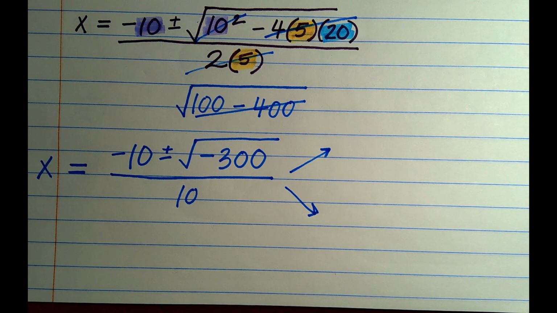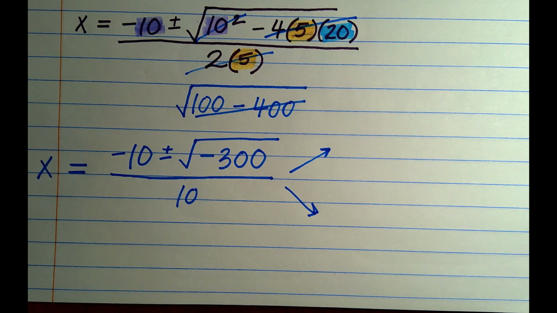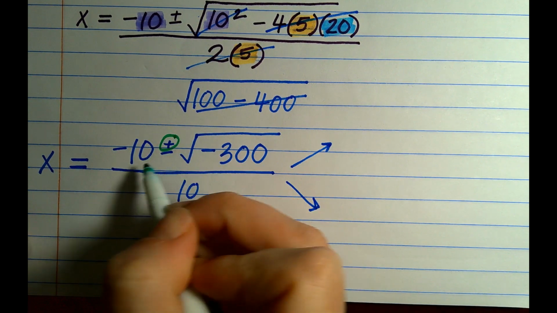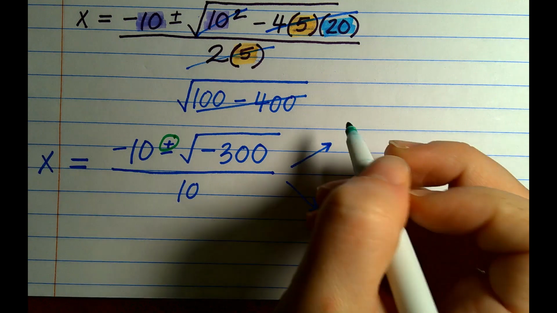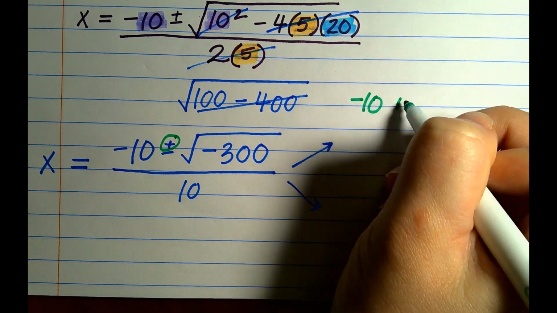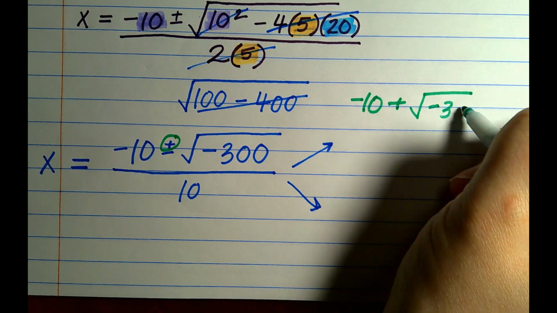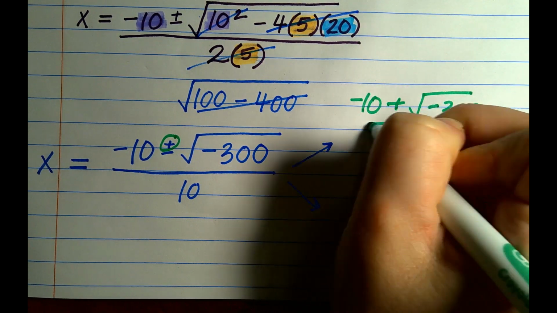Now, the reason we're doing that is because of the symbol here, plus or minus. Now I have, and I'm going to use colors, the plus portion would be negative 10 plus the square root of negative 300 over 10.